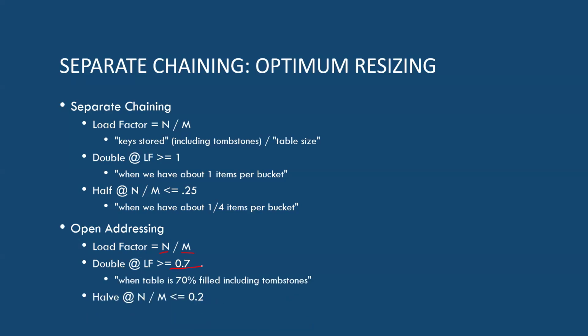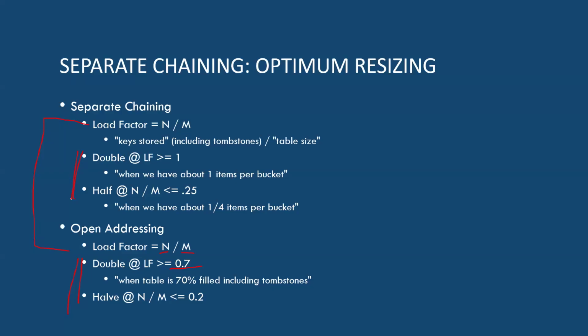If we're less than 20%, then it's time to shrink, because we're potentially just wasting space. So same definition for load factor, just some different rules for when we deal with doubling the table. Questions on that one at all?